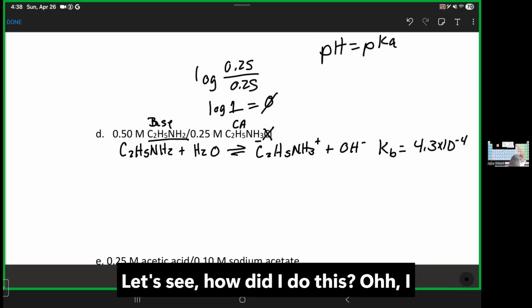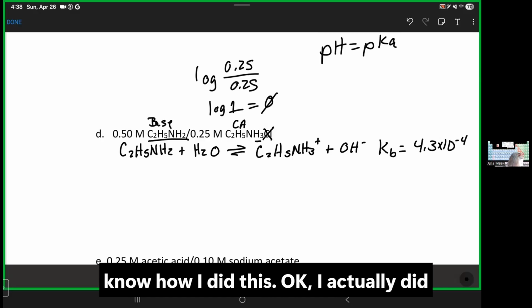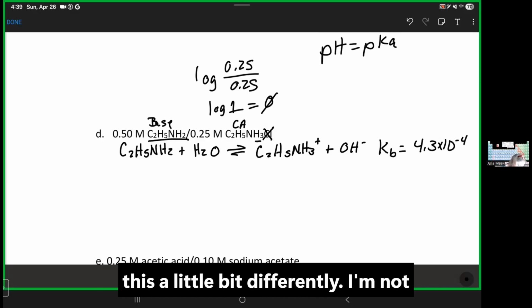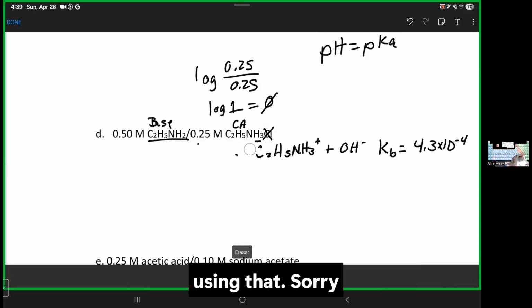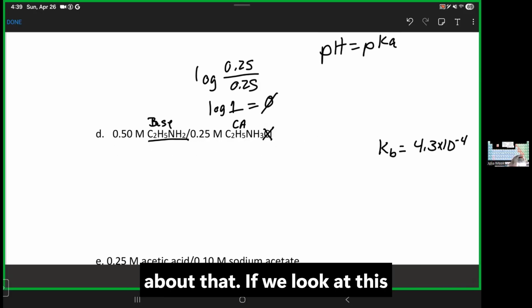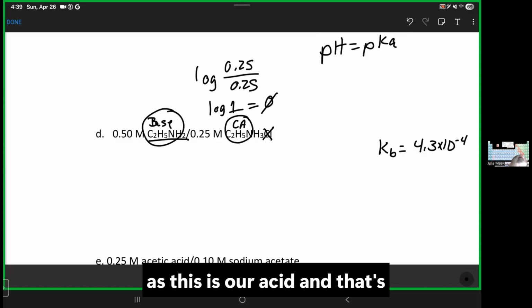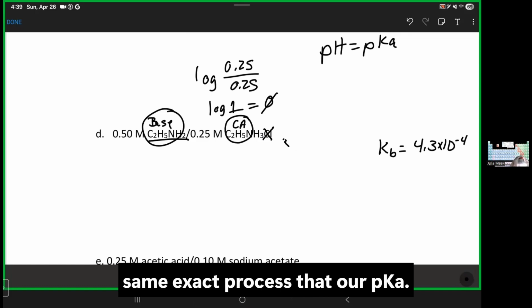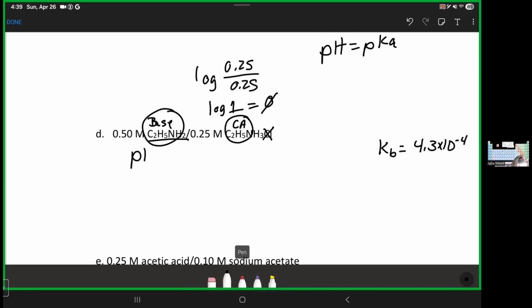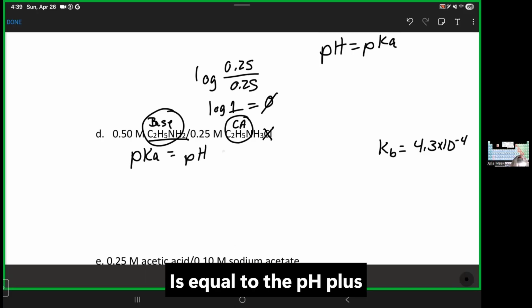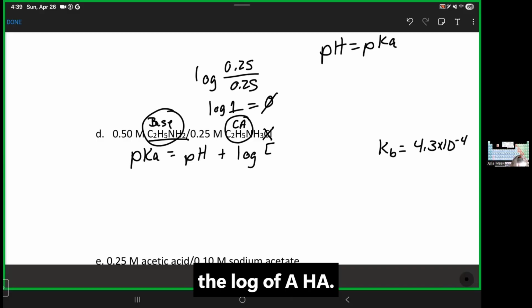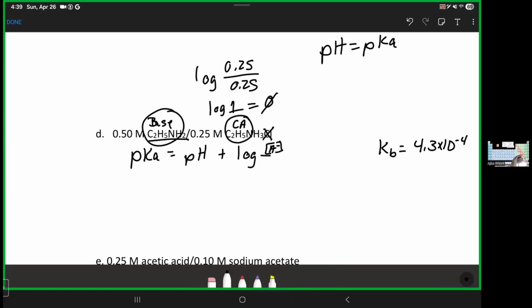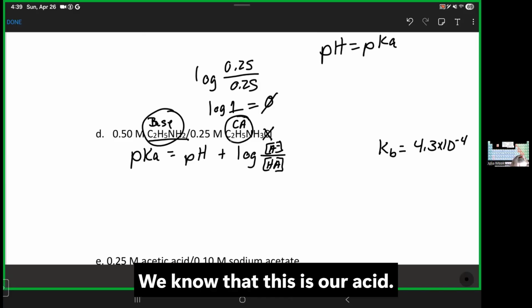Let's see, how did I do this? Oh, I know how I did this. Okay, I actually did this a little bit differently. I'm not using that. Sorry about that. If we look at this as this is our acid and that's our base, and we're just using the same exact process, our pKa is equal to the pH plus the log of A-minus over HA. We know that this is our acid.